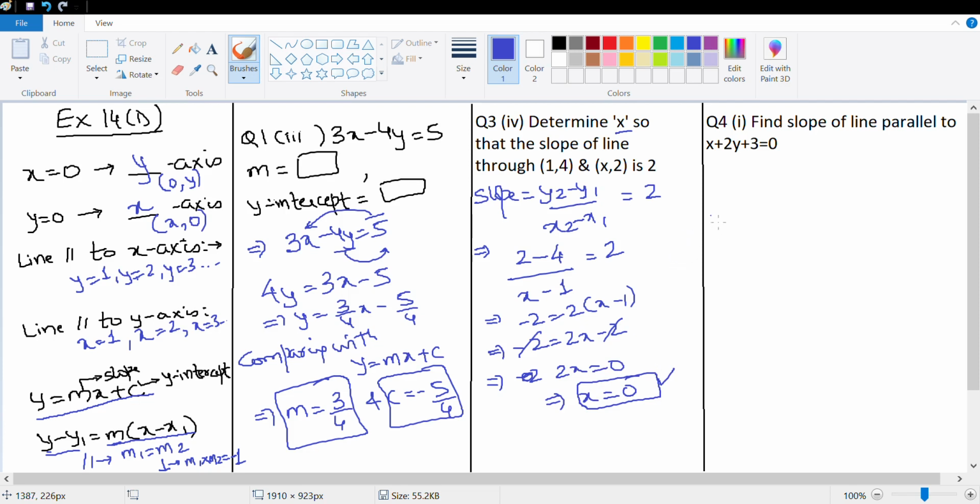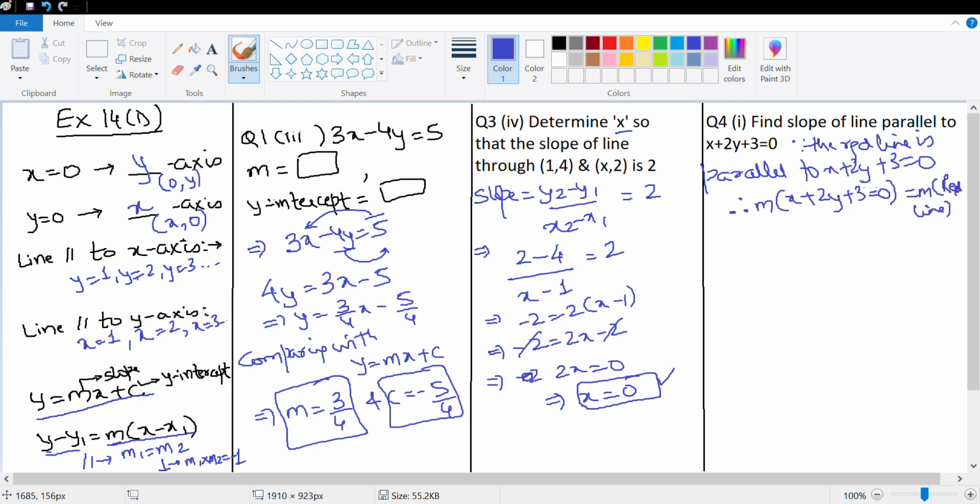Next, question number 4, part 1. It says find the slope of the line which is parallel to the line x plus 2y plus 3 is equal to 0. Since the required line is parallel to x plus 2y plus 3 is equal to 0, therefore the slope of x plus 2y plus 3 is equal to 0 is equal to the slope of the required line. So the two slopes will be equal. Let's find the slope of this line.